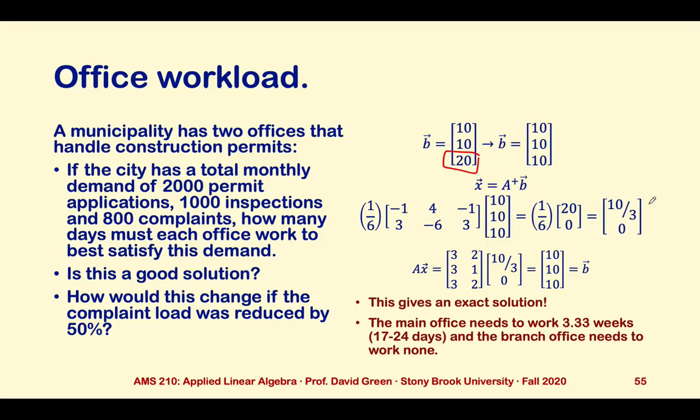Once again, this is our x1 and our x2. The main office should work 3.33 weeks, 17 to 24 days, a very reasonable number for a month. And the branch office actually doesn't have any work here.